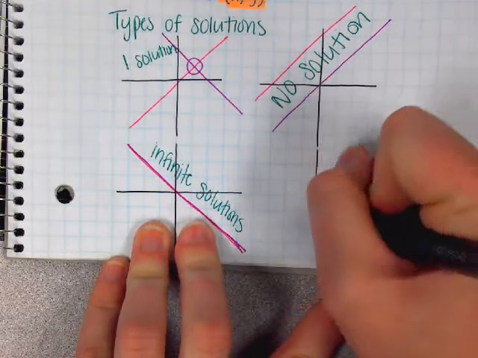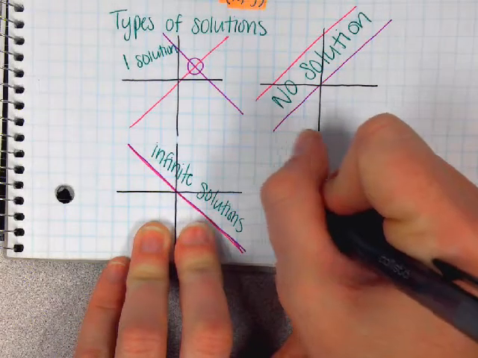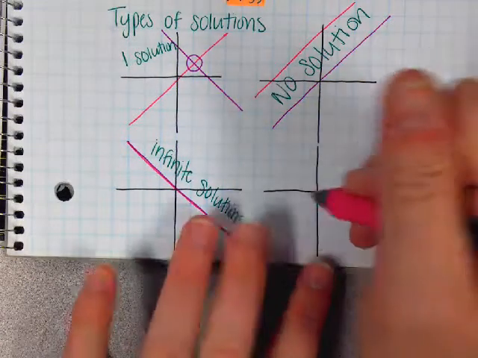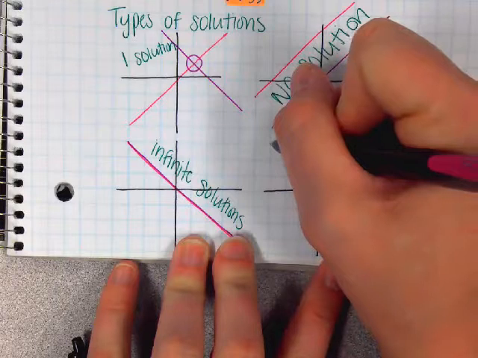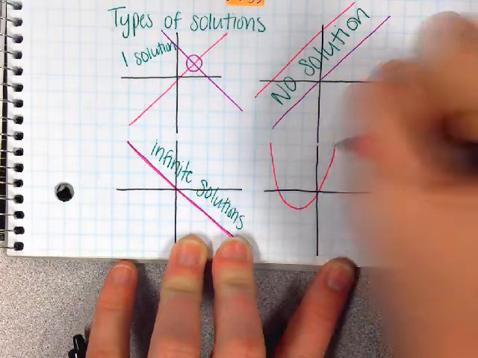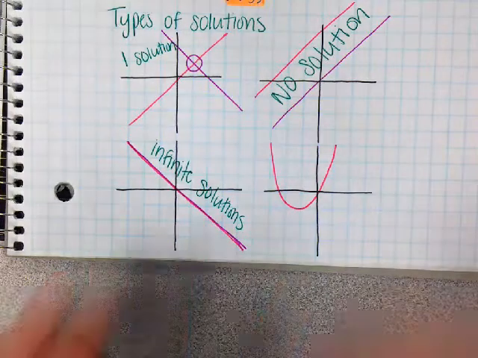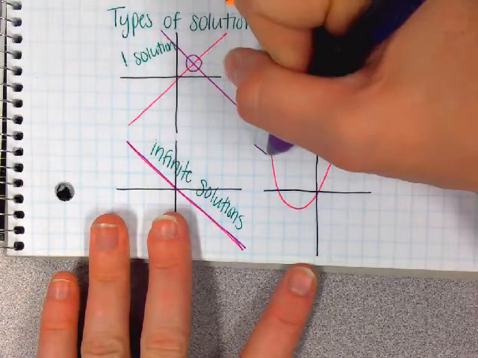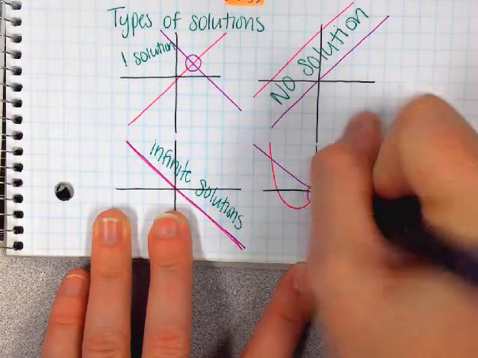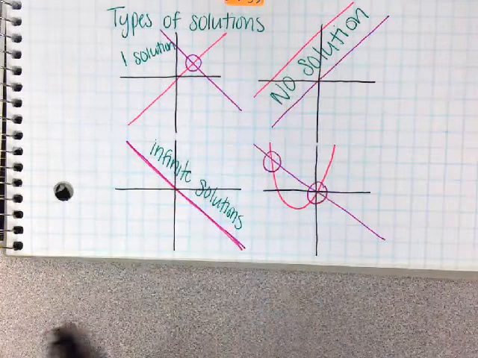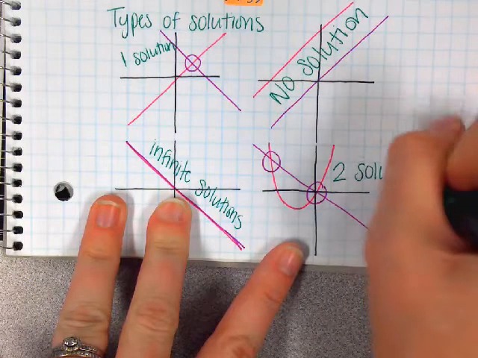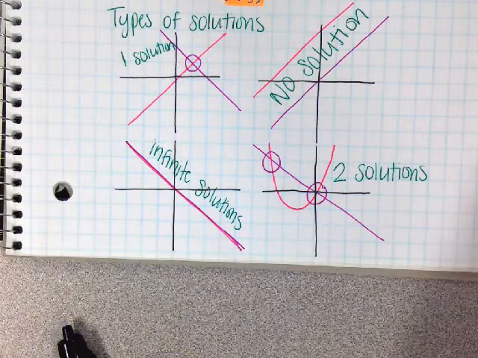And then the last type that we're going to talk about for now in this unit is, of course, we're in the quadratics unit, so we're going to talk about a parabola. So if I have a parabola like that, I could have a line that goes across, and this one has two solutions.